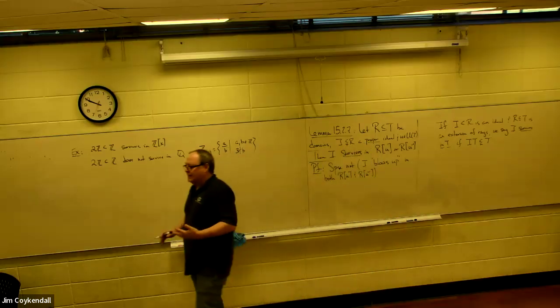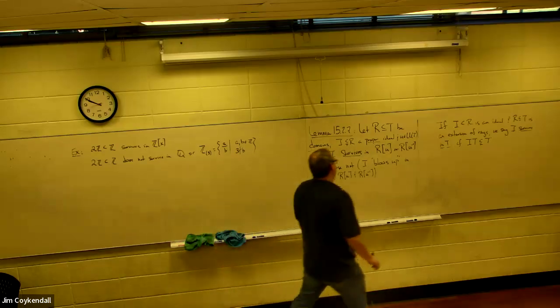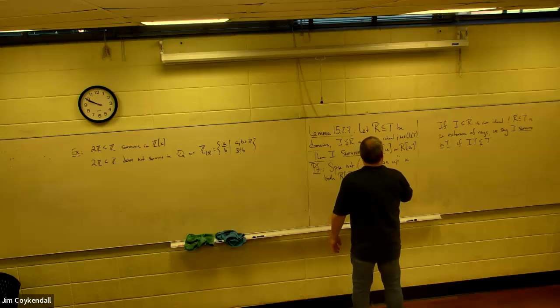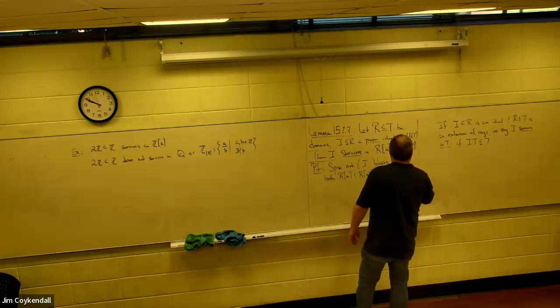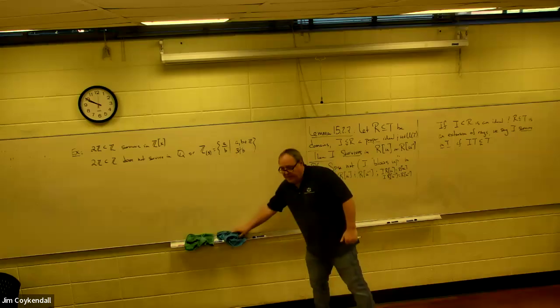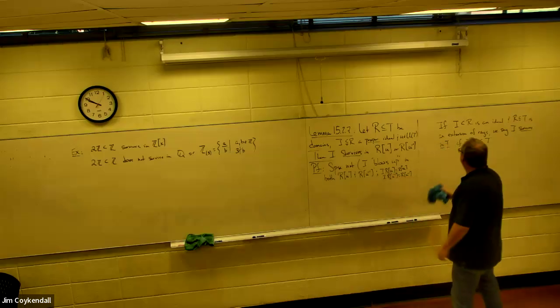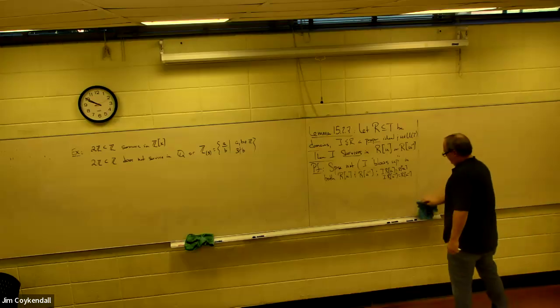This means that the ideal I R[U] equals R[U] and I R[U inverse] equals R[U inverse], right? So in particular, what that means is in both of these separate rings, you've got to be able to get a 1 in this ideal. So you get a couple of equations that look like this.